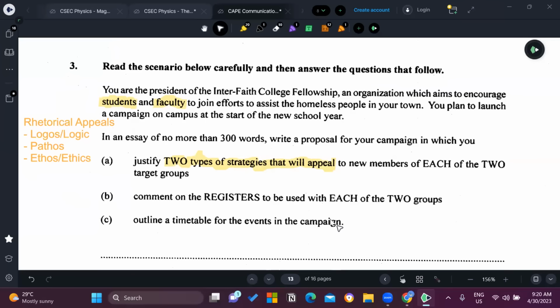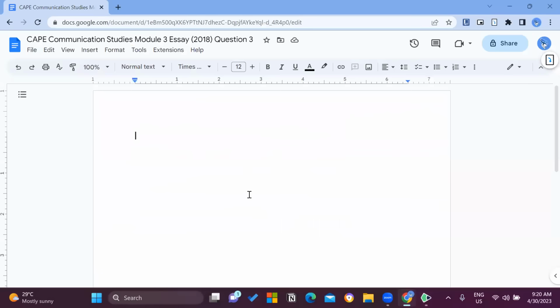Now, structuring your essay really depends on you. But what I'll do, and as usual, remember the link to this document will be in the description as well, I'll have an introduction. Then I'll focus on target group 1, which would be students first, since I'll be more likely to relate to them.